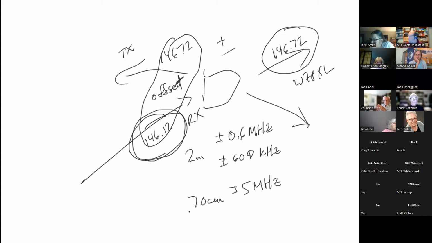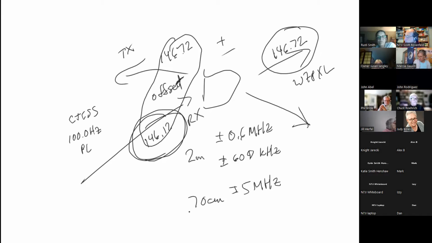Another thing that you have to program. Duplex. That's called duplex. Another thing that you have to do is set something called a CTCSS or PL, for instance 100.0 hertz. This is a subtone that we discussed yesterday, also known as private line, with the Motorola trademark.